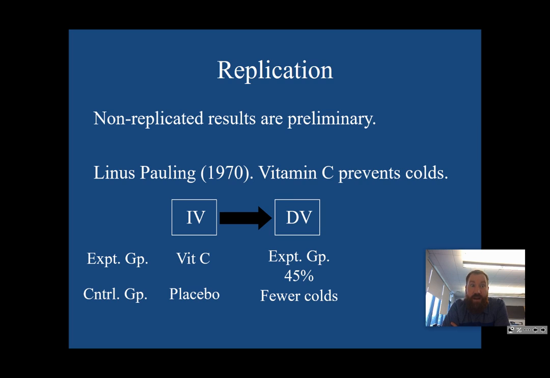So we have to take a lot of this stuff with a grain of salt, just understanding that these are preliminary findings, and until they're replicated, they can't be sorted out. Now, the interesting thing with psychology, I think, is right now as we speak, psychology is kind of going through a replication crisis.